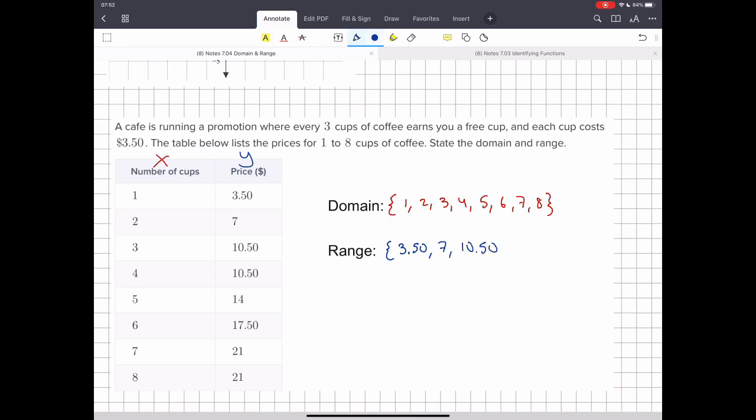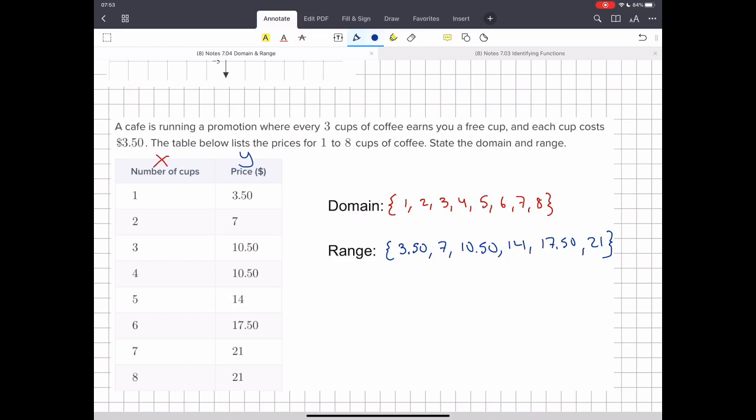The $10.50 appears twice, but we only have to put it into our range once. And we've got $14, $17.50, and $21. And that's it. That's how we find the domain and range of a table.